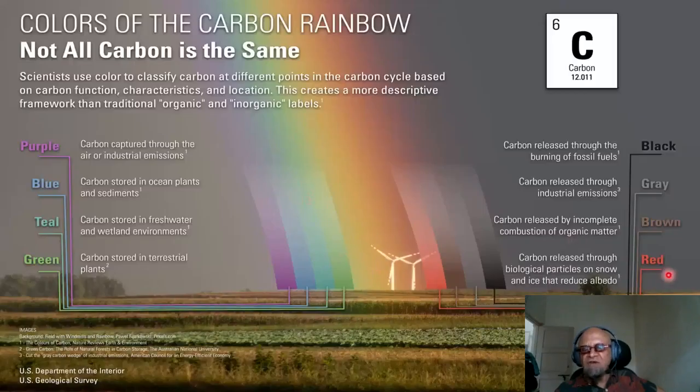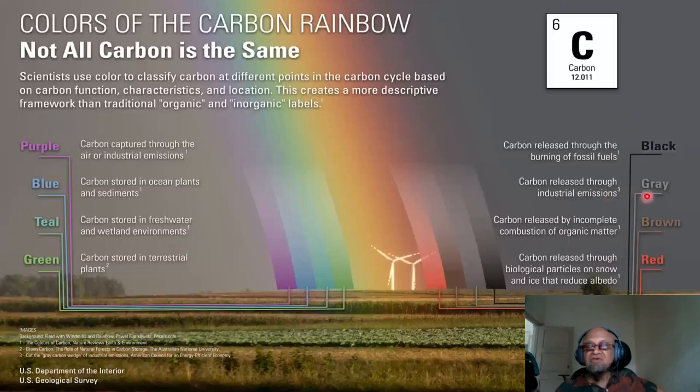If you move further, you have red that we mentioned already, carbon released through biological particles on snow and ice that reduce the albedo and lead to melting. Carbon released by incomplete combustion of organic matter is known as brown carbon.